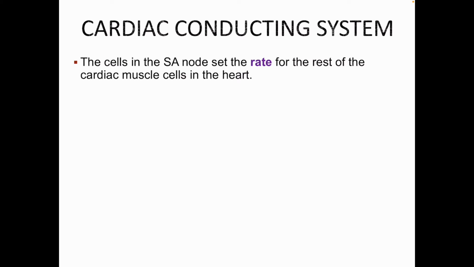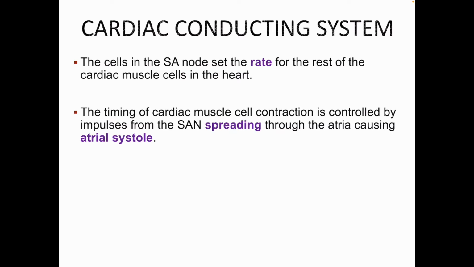So as I said, the cells in the SA node set the rate for the beating of the heart. They set the rate for the contraction of the cardiac muscle cells. And the timing for this is controlled by impulses from the SA node, which spread across the atria and cause the atria to contract in atrial systole.